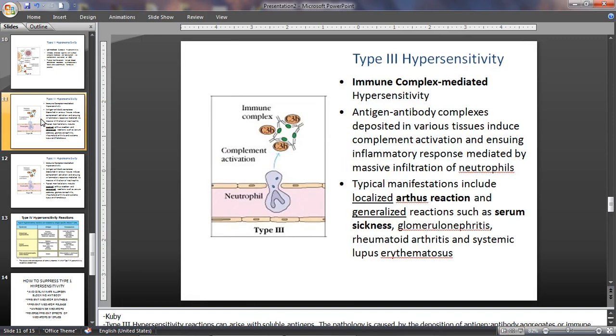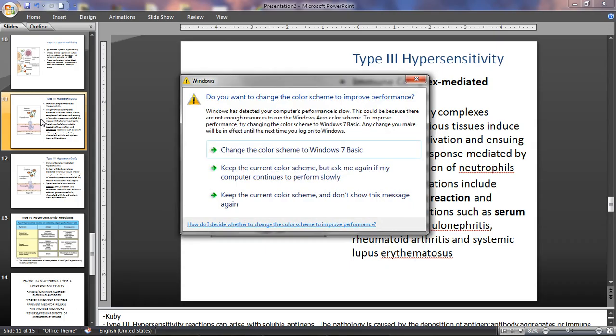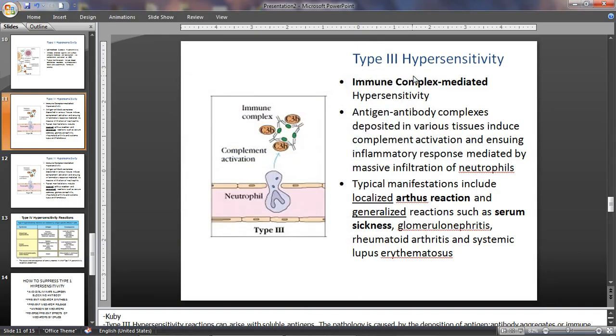Type 3 hypersensitivity is immune complex mediated hypersensitivity. Antigen antibody complexes are deposited in various tissues, induce complement activation, and ensuing inflammatory response mediated by massive infiltration of neutrophils.